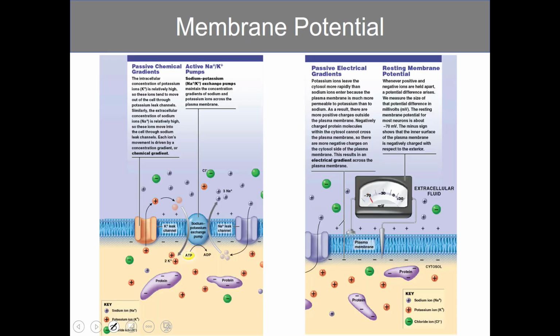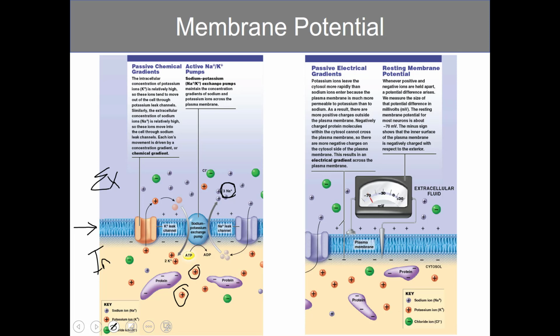So let's take a look at what we have here, and we'll note the membrane. Here we have the plasma membrane of the cell. So this out here is the extracellular fluid, while this is the intracellular fluid. And as we noted previously, there is a high concentration of sodium ions outside of the cell and a high concentration of potassium ions inside the cell.